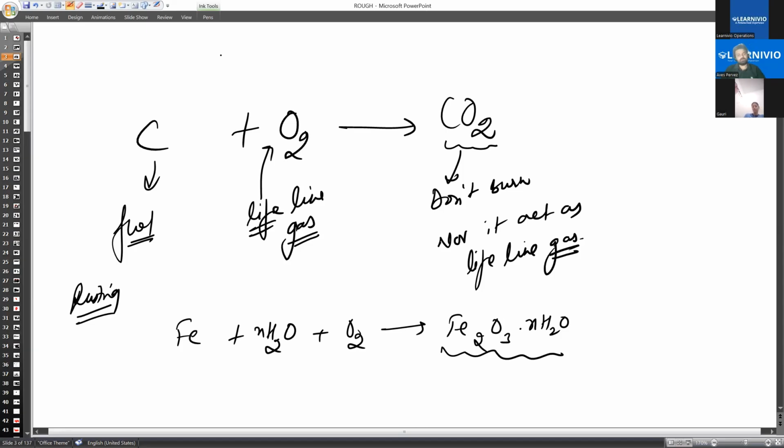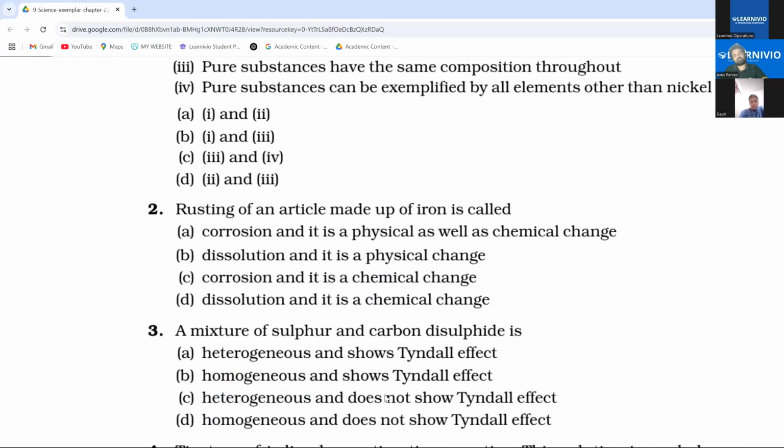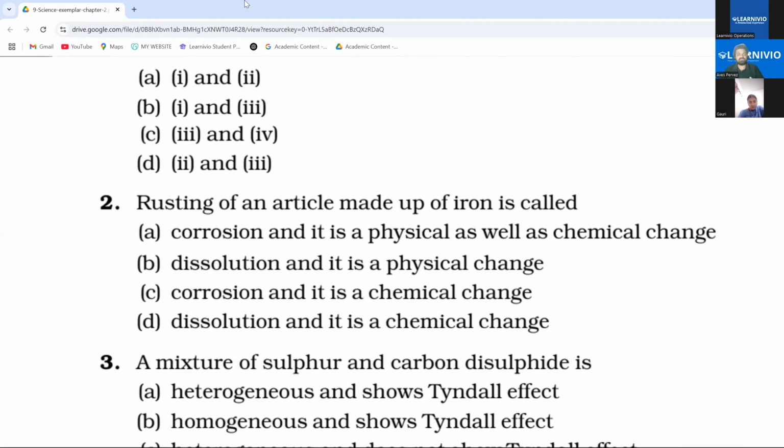Okay, here it is. So what's the answer for the first, second one? Answer C, corrosion, and it is a chemical change. Good.